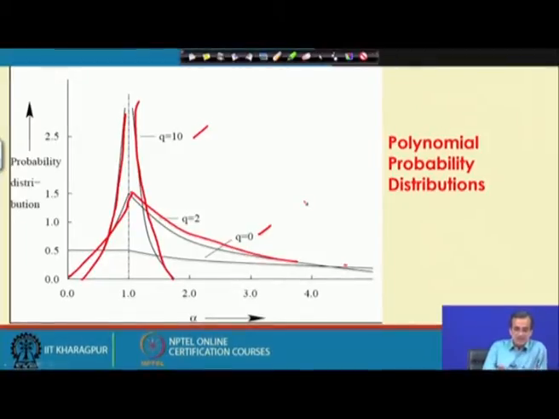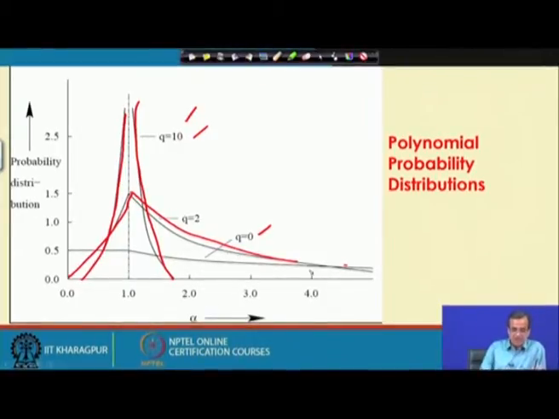On the other hand, if I take a higher value of q, the children solutions will be very close to the parents. Now, if I want more diversification, I will have to use a lower value of q, and if I want less diversification, that means the children solutions should be very close to the parents, I will have to use a higher value of q.